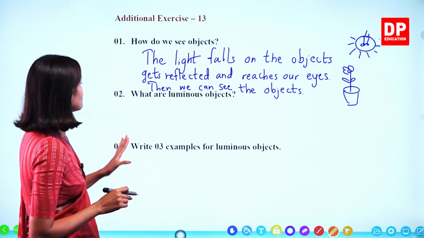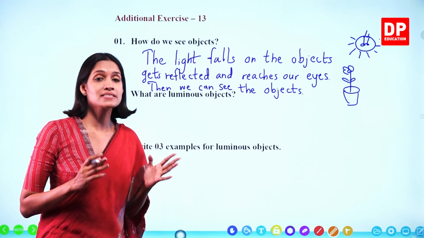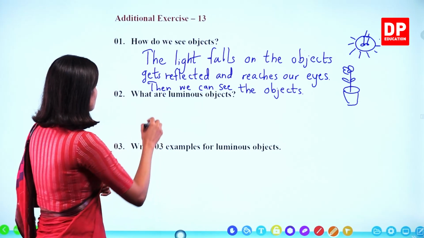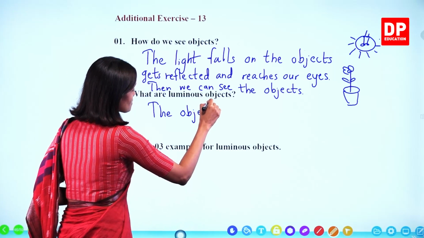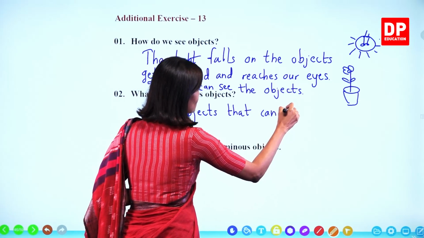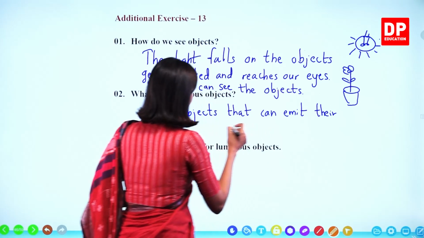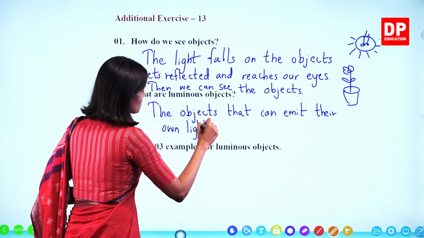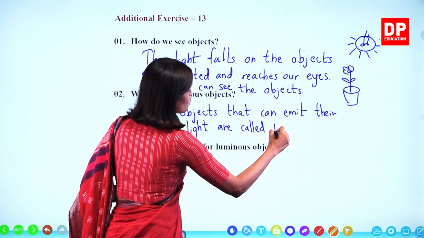Okay. What are luminous objects? What is the meaning of luminous objects? The objects that can produce their own light are known as luminous objects, right? The objects that can emit their own light are called luminous objects.